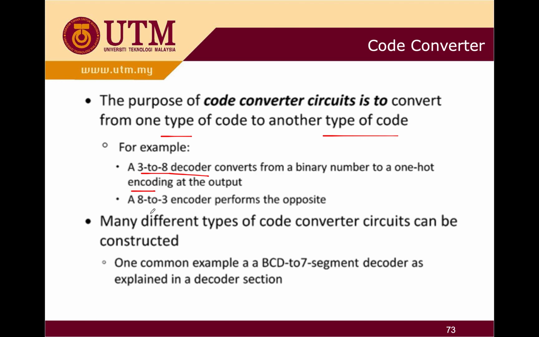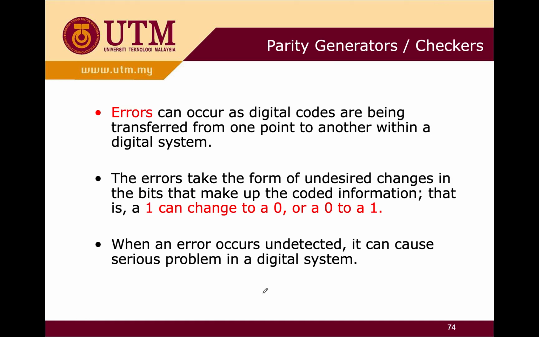Another one is vice versa, the 8 to 3 encoder, which performs the opposite. Many different types of code converter circuits can be constructed. A common example is the BCD to 7 segment decoder, as explained in the decoder section.